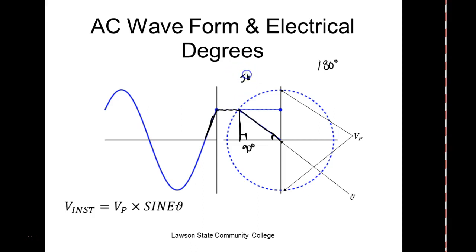We take the sine of this angle that we call theta, and that gives us the actual amplitude of the waveform. We call it the instantaneous value. For that reason, we call this waveform what type of waveform?